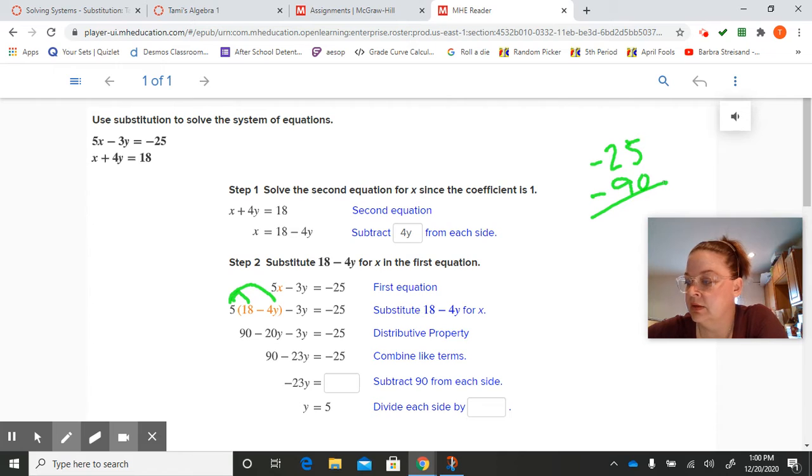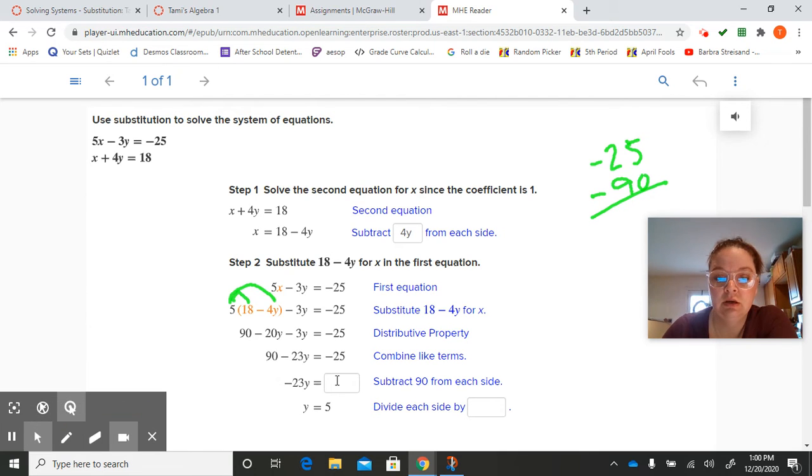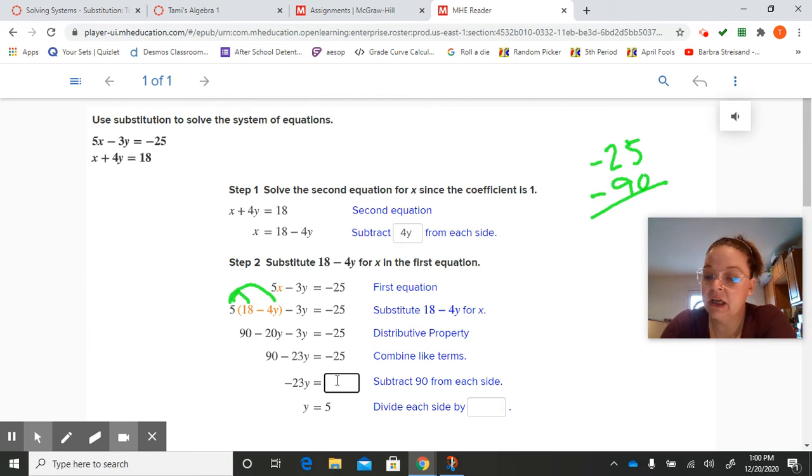And I don't know what negative 25 minus 90 is off the top of my head, so I'm going to use my calculator, and we get negative 115. So y equals 5 after we divide by negative 23.